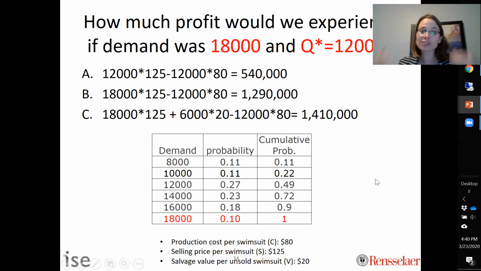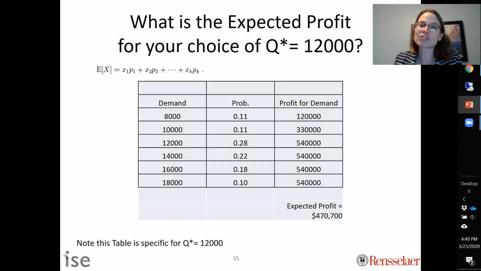So you could do this for each different outcome. And then if you remember the equation for expected value in a discrete distribution is what is the outcome value times the probability plus what's the outcome value times the probability all the way until you've gone through all of your outcomes. And so in our example, outcomes are demand in a discrete distribution.